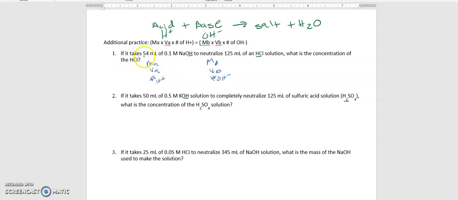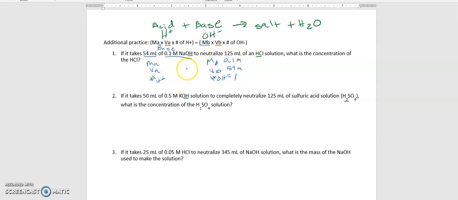Here it says if I take 54 milliliters of 0.1 molar sodium hydroxide, so here's my base. This is all the information I need for my base. We have 54 milliliters of it, it's 0.1 molar, and there's only 1 hydroxide present in that formula, so 1.